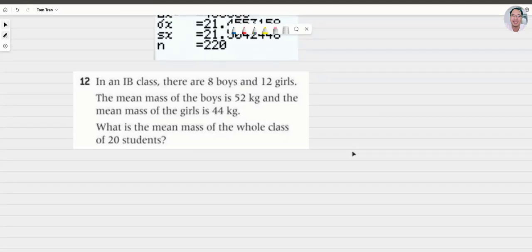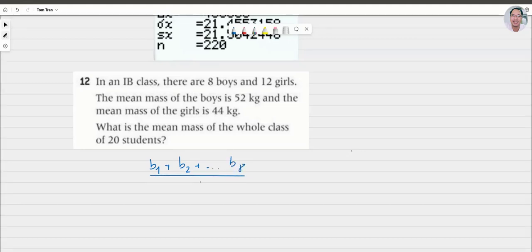8 boys and 12 girls. So the mean of the boys, let's say B1 plus B2, etc., up to B8, divided by 8, equals 52 kilograms.